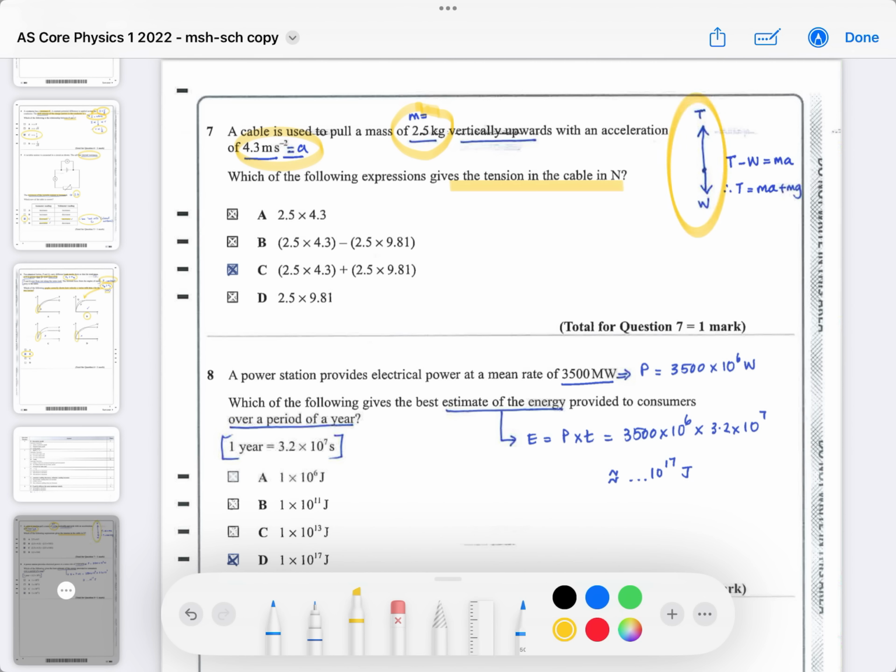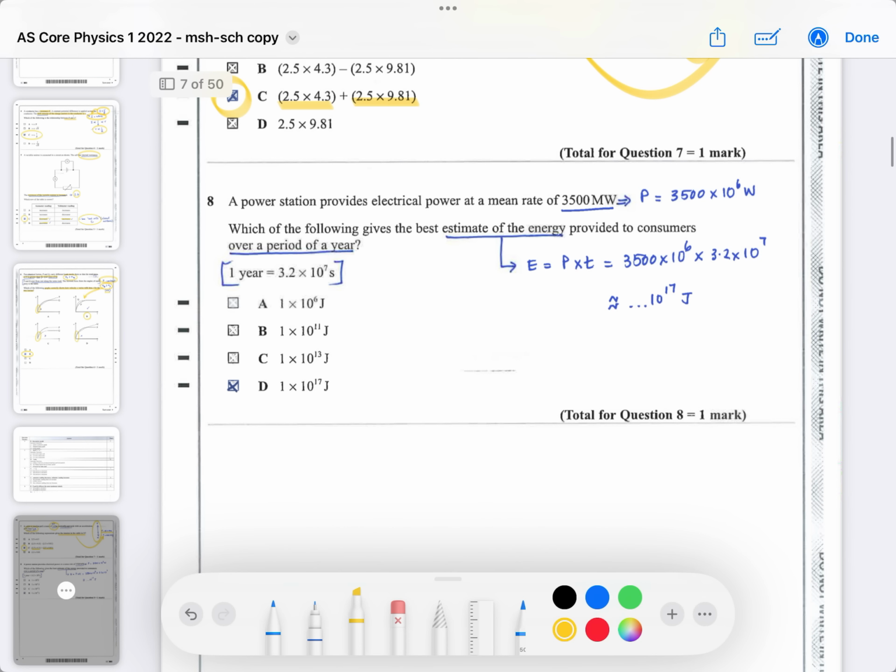So I've drawn the tension longer, so the resultant force, tension minus weight, will give rise to the acceleration upwards. If we want to know the tension, put W on the other side, it's going to be ma plus mg. So we're looking for ma, there's ma, there's mg, and it's the only one where they're added, so the answer is C.